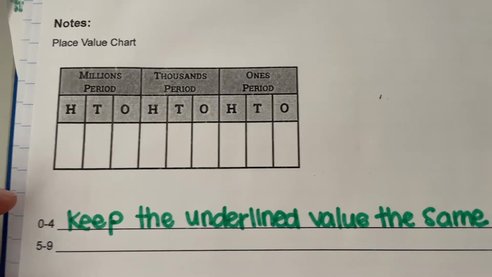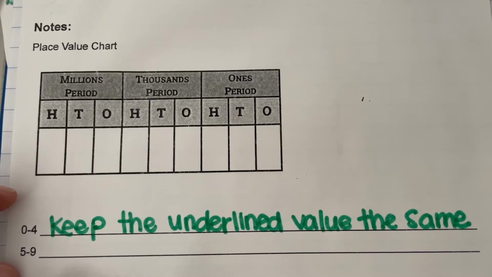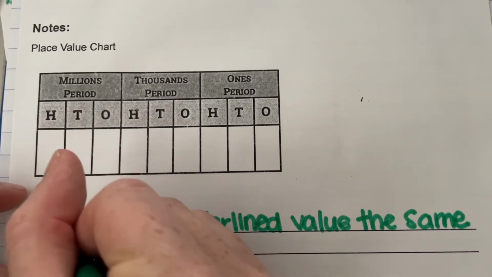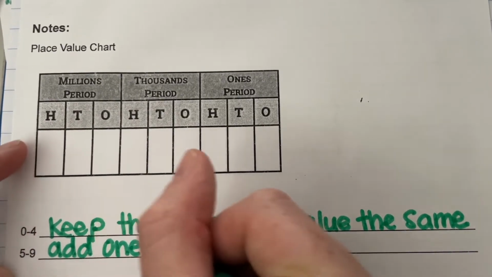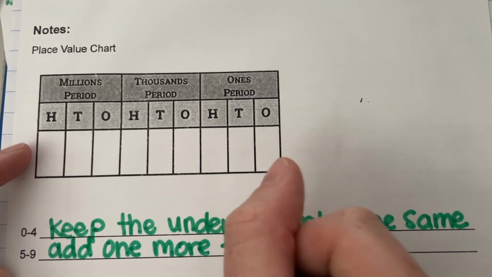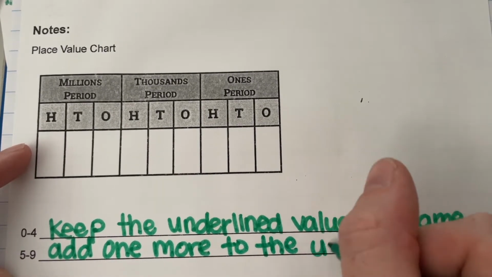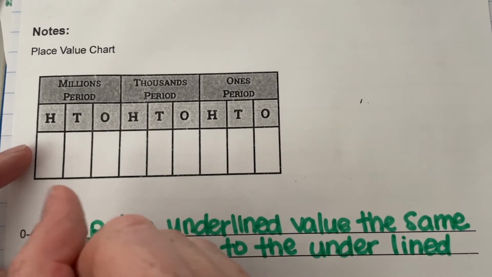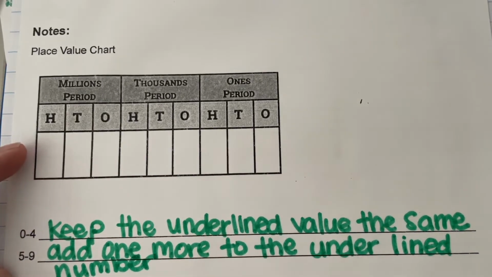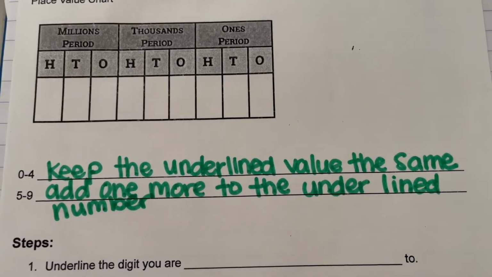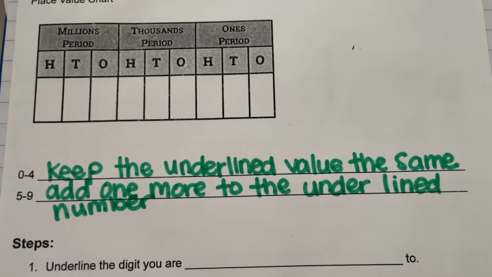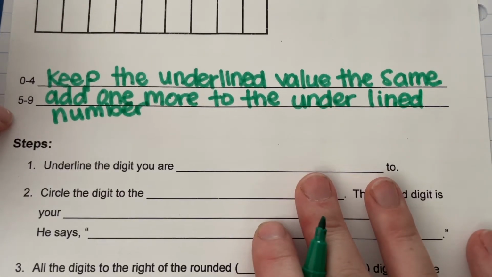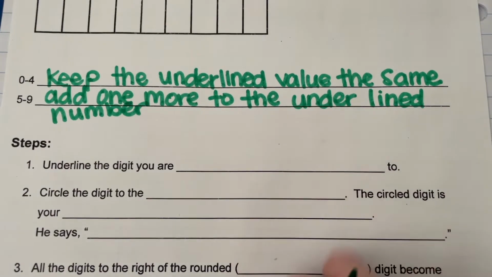Once you get into 5, 6, 7, 8, 9, those mean that you're going to round up, so you're going to add one more to the underlined number. So 0 to 4, they stay the same.